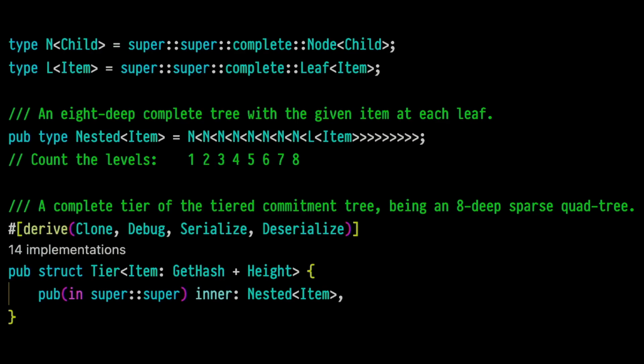So here's an example of what I mean by using these really precise types. I have this little comment here. We have these nested generic types that say an individual tier is exactly eight nodes deep, followed by a leaf. So you can't have anything that's the wrong depth.